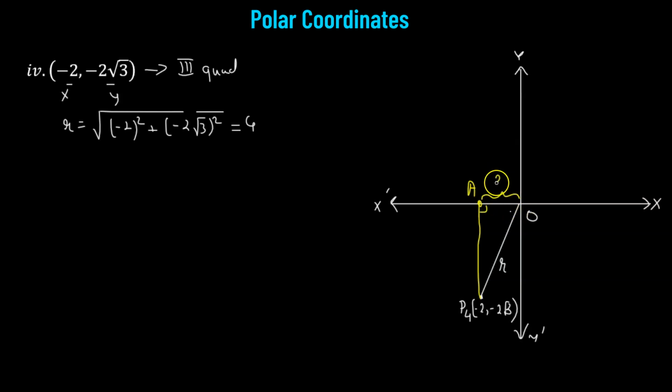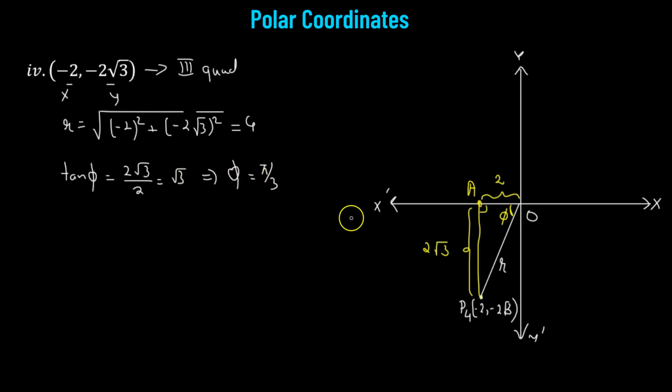We are only going to consider the magnitude value, that's 2 units, and the y component is 2√3. In doing so, we can find this particular angle. Let's call it phi. So we'll first find tangent of angle phi, that's 2√3 over 2. We are only considering the magnitude value. So this corresponds to phi equal to pi over 3 radians.